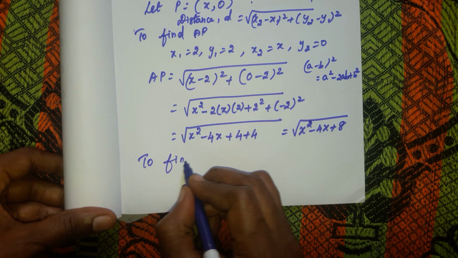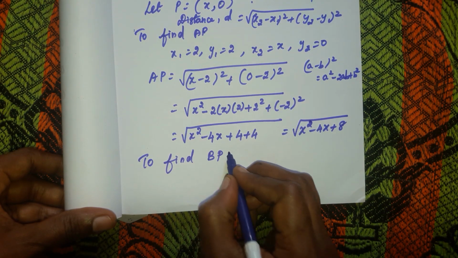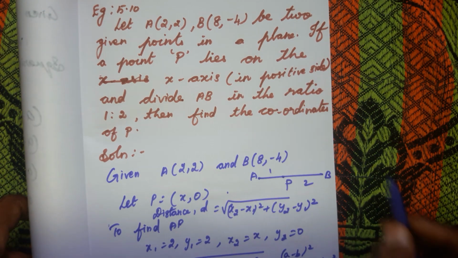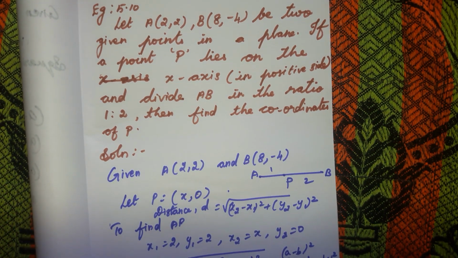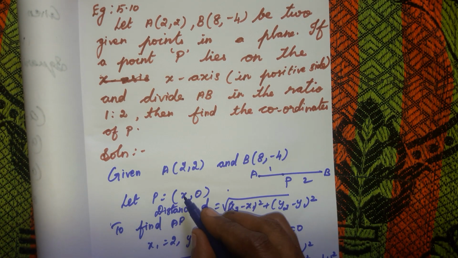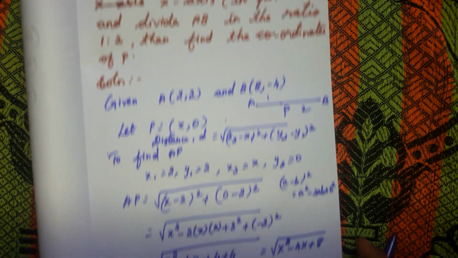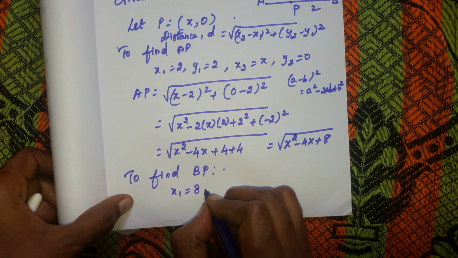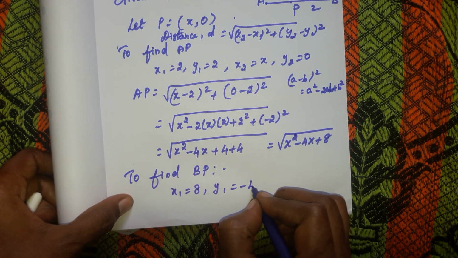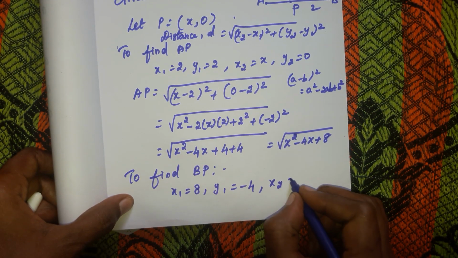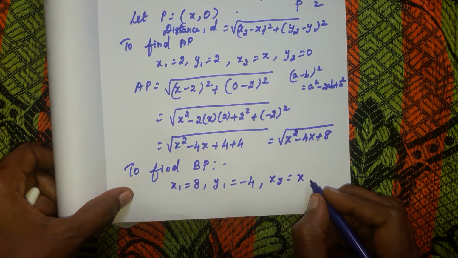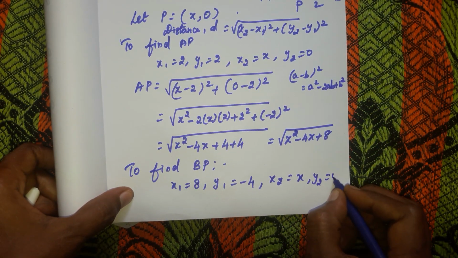To find BP, what is x1? B point is x1, y1. Next, which one is x2, y2? This one, x comma 0. x1 is equal to 8, y1 is equal to minus 4, x2 is equal to x, y2 is equal to 0.